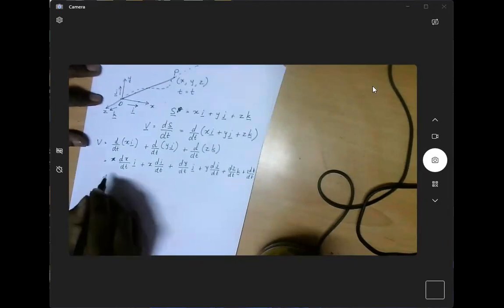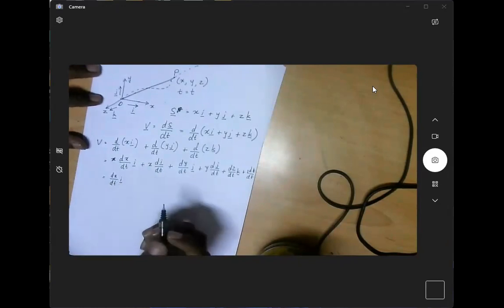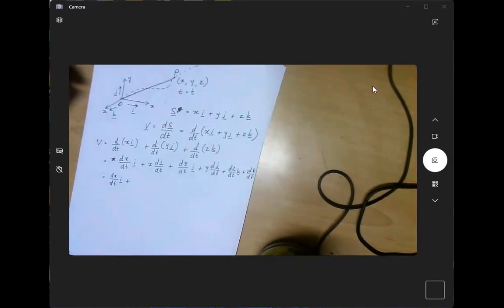So dx over dt will be there into i, right? Then what about this one? x times di over dt. x does change with time, but what about di over dt? Is it going to change with respect to time?